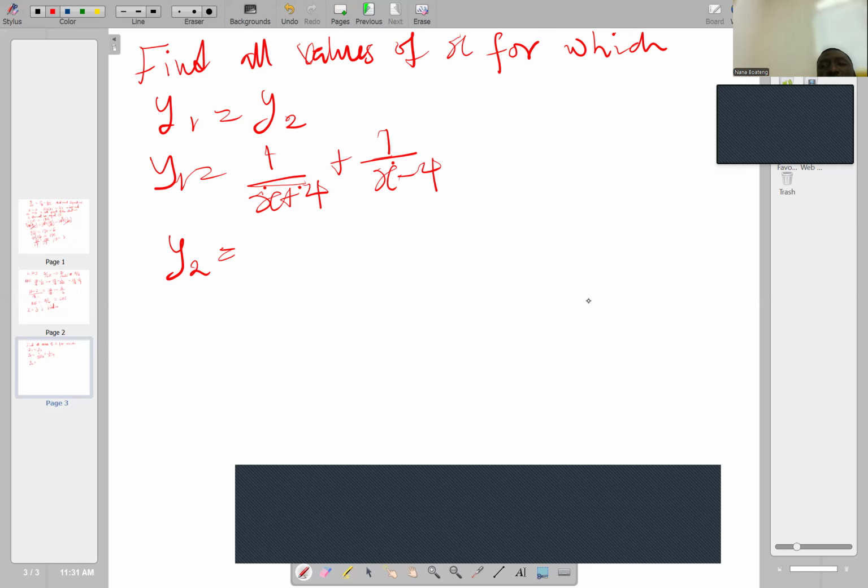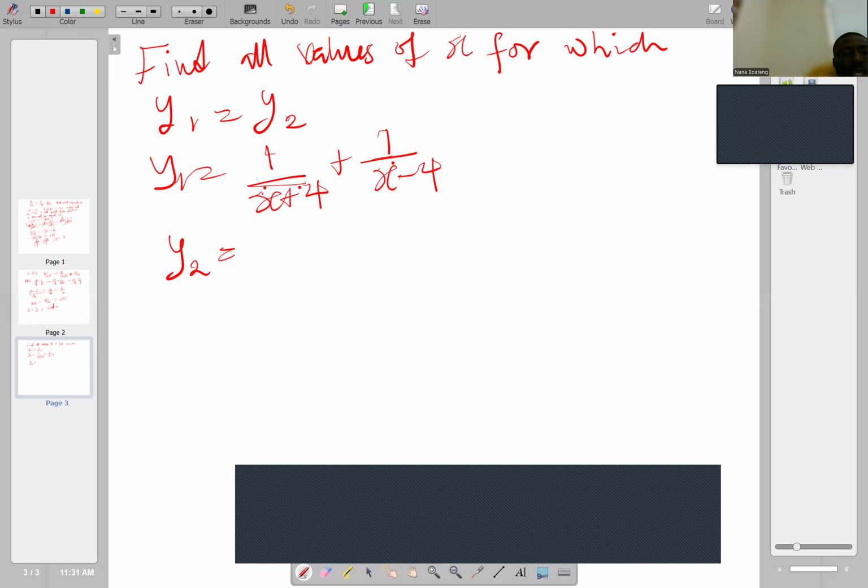Before we find the LCM, it would be a good idea to simplify x squared minus 16. We call it the difference of two squares, and it's basically x minus 4 times x plus 4. If we expand this, we're going to have x squared minus 16.